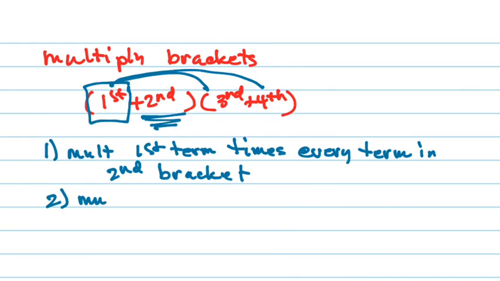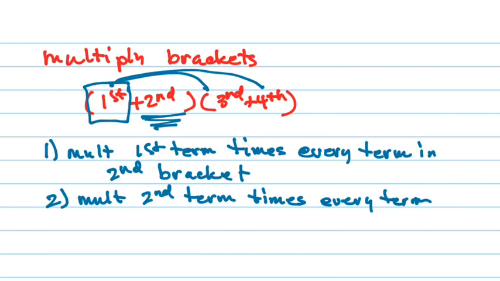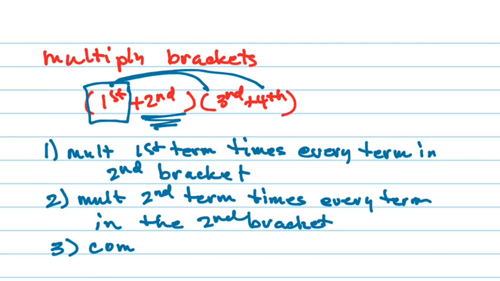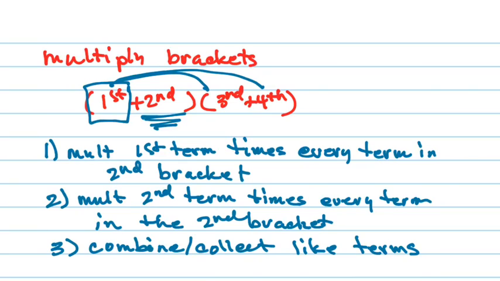Second, multiply the second term times every term in the second bracket. And finally, third, combine or collect, whichever word you prefer, like terms. Okay? And that's all there is to it.